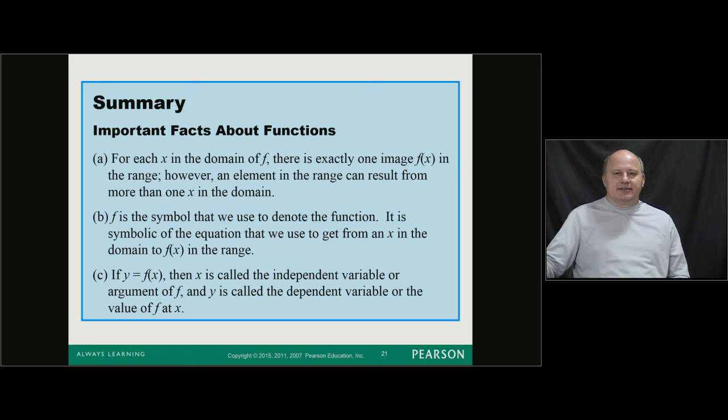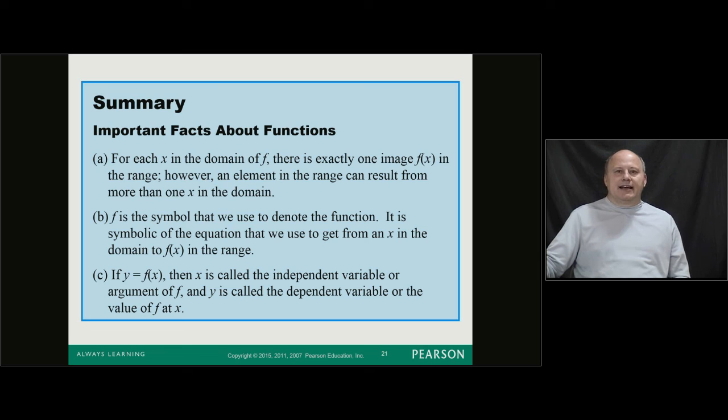But each x can only give me one value of y. Each x corresponds to one y. But a y could have multiple inputs to get that number. So for example, a 5 can give me a 2 and 7 can give me a 2. That's okay. But a 2 can't give me a 5 and a 7. That's where the problem occurs.